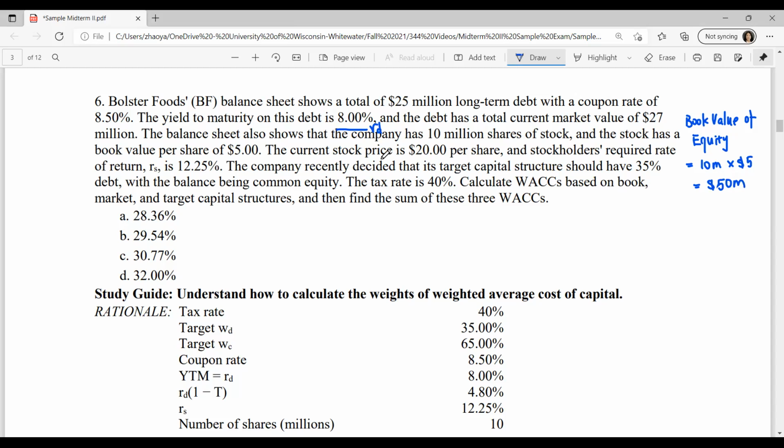The current stock price is $20 per share, which means that the market value of equity equals 10 million shares of stock times $20 per share. That is 200 million.